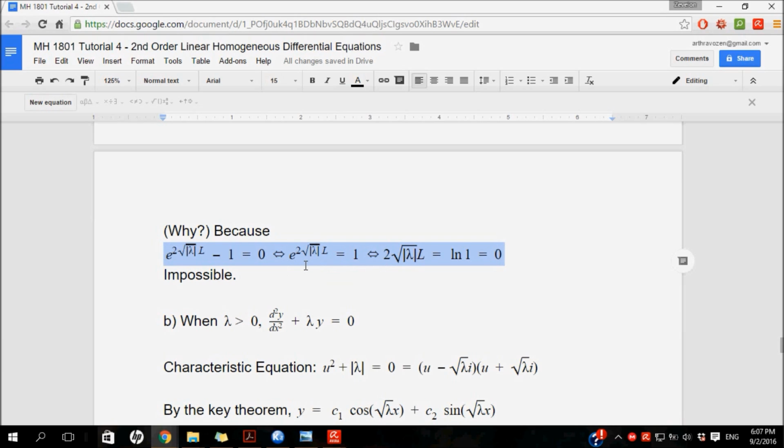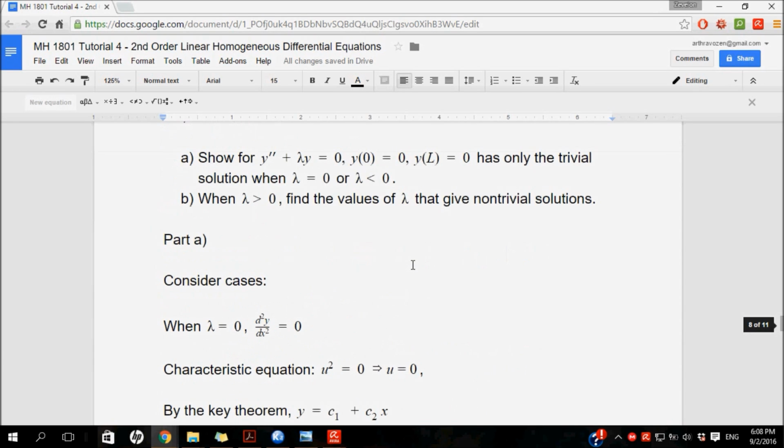But this is true if and only if when I take the logarithm on both sides, ln of the e allows me to bring down the power, equals to ln of 1. It's just 0.